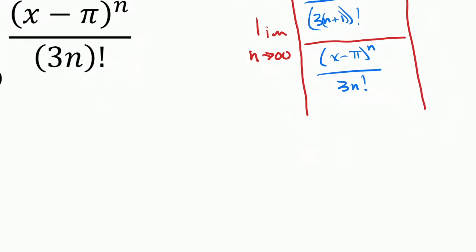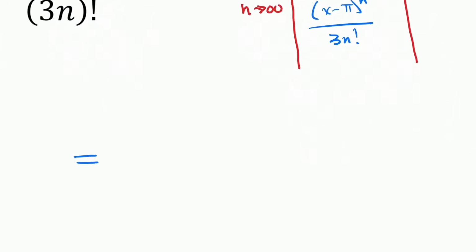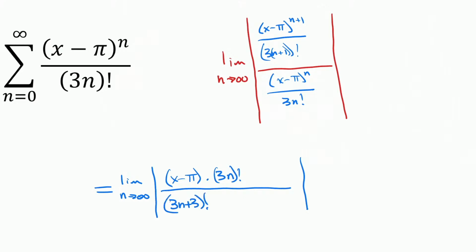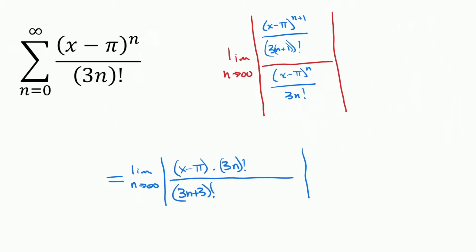I'll give you a minute. I'm going to do it as well up here, but I want to give you a chance to see if you can do it right. Okay, so what I did was I canceled all but one of the x minus pi's, and then I just wrote these where they belong.